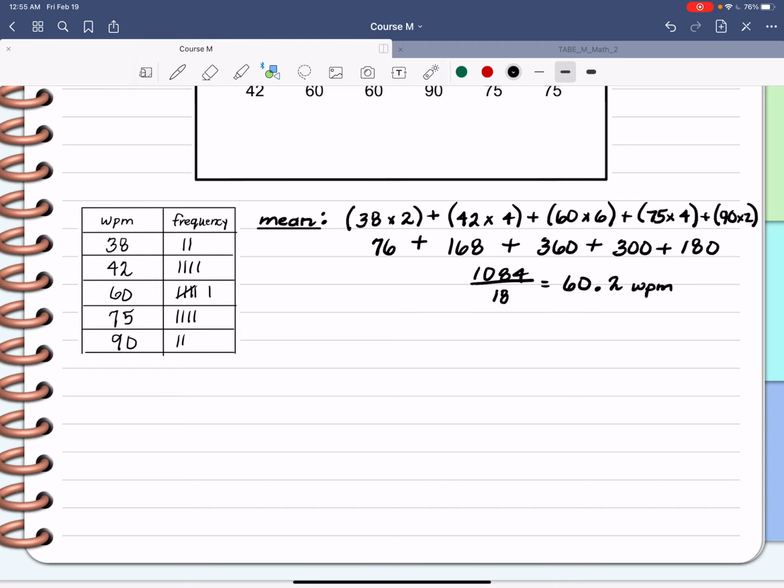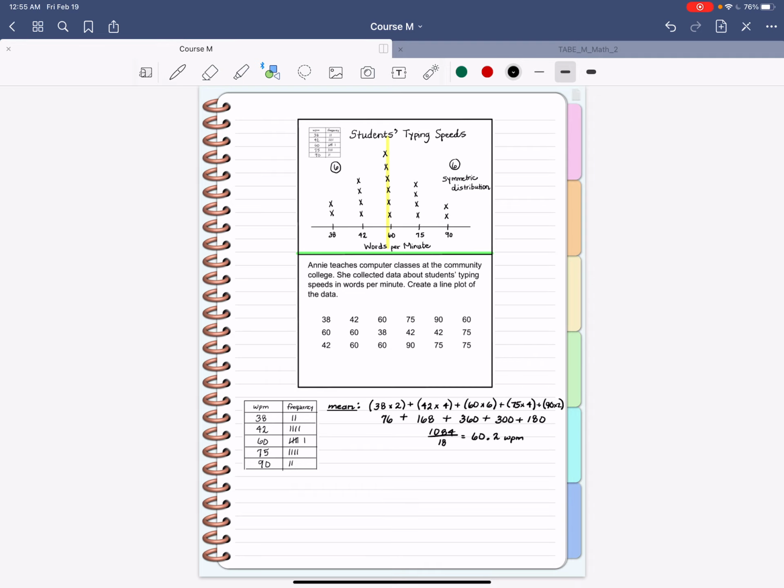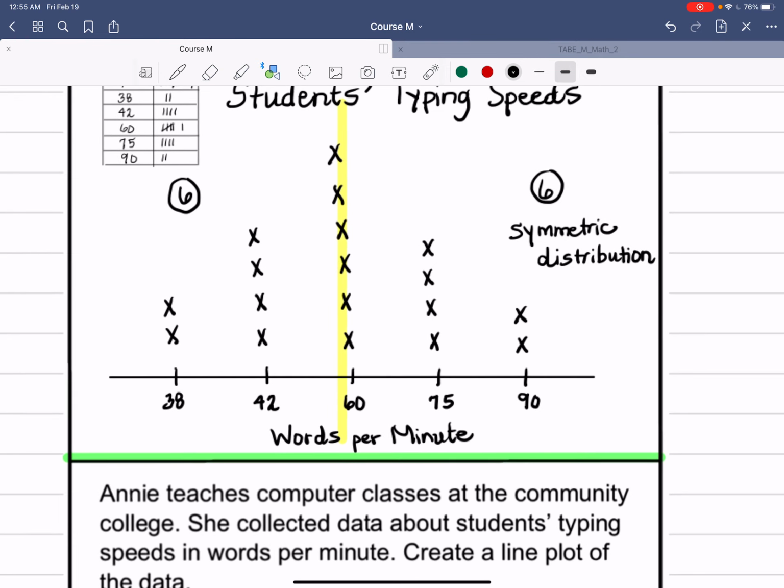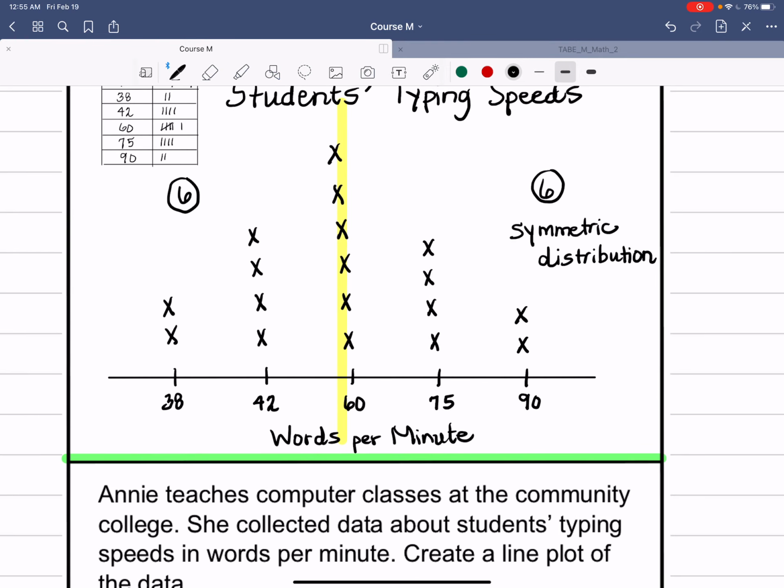Now for the median, I'm going to go with my graph. I'm not going to write all this down. So we know that there are 18 people in this class. You take half of that, that means the median is at 9.5. So I'm going to start counting here. 1, 2, 3, 4, 5, 6, 7, 8, 9.